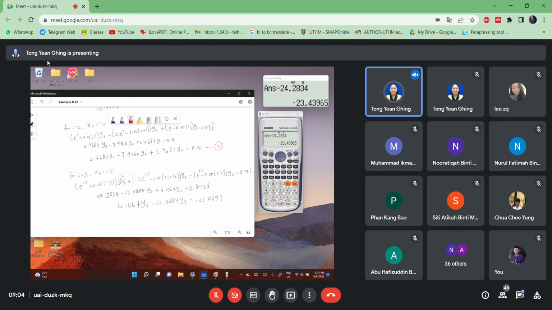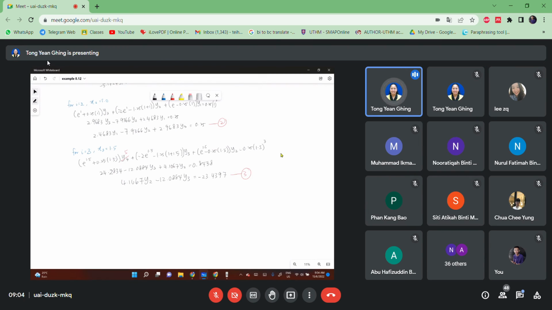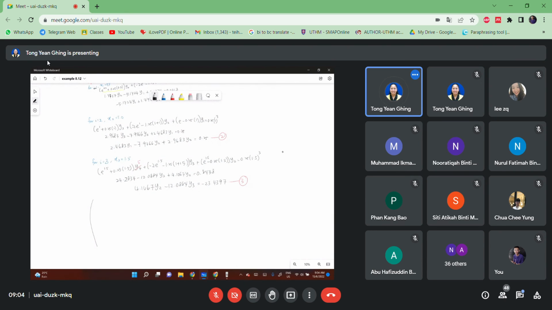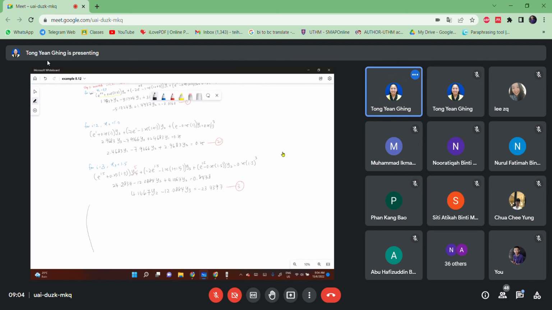Correct or not, this one? So now we have already 3 equations with 3 unknowns. So if I write in the matrix form here, okay, go back to just now, the first equation.